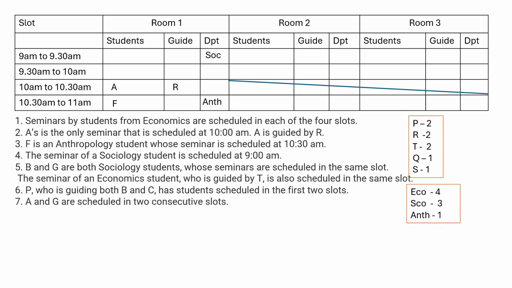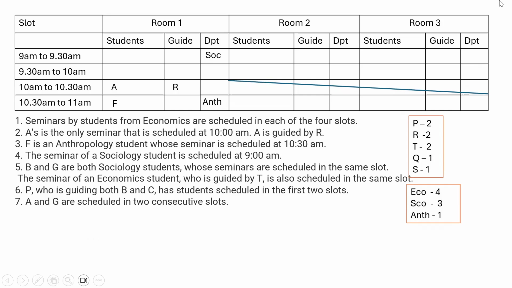The slot which has room for three seminars can occupy these three, and that slot is slot number two, 9:30 a.m. to 10 a.m. All other slots already have one seminar, right? First slot is having sociology, second slot some seminar is there, third slot is also one seminar scheduled. So second slot is the only slot where we can accommodate three seminars at a time.